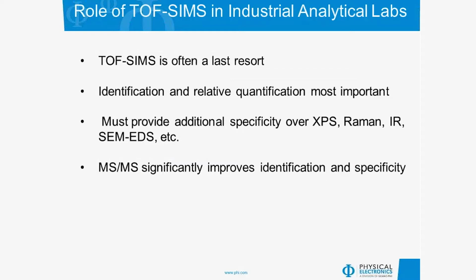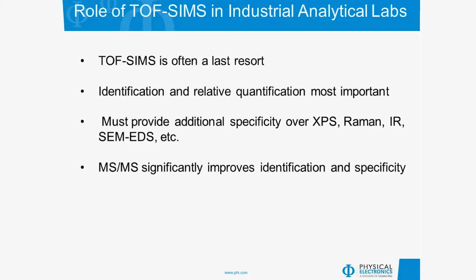If you can solve the problem easier, you're going to do it. If you can solve it with an optical or any other non-vacuum technique, you'll do it. Quite often, by the time the problem comes to TOF-SIMS, the specific information has not been available with all the other analytical techniques they've tried.